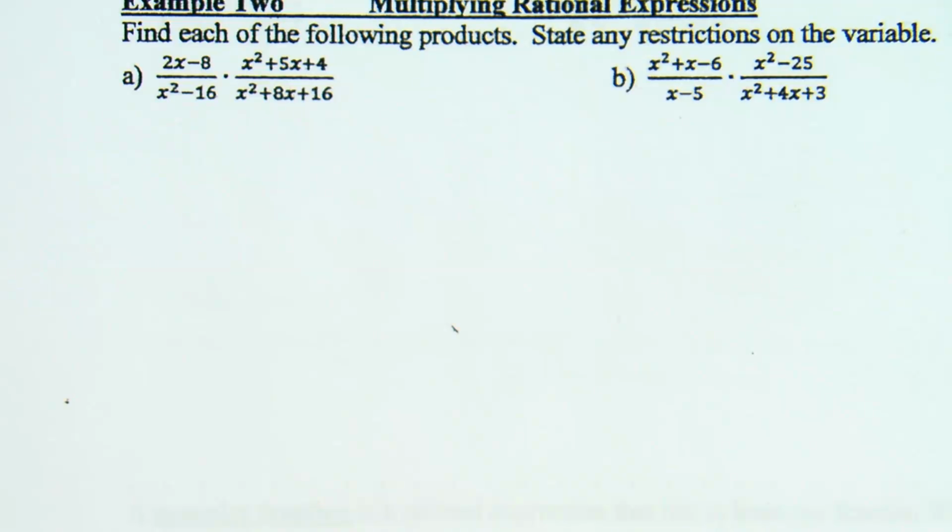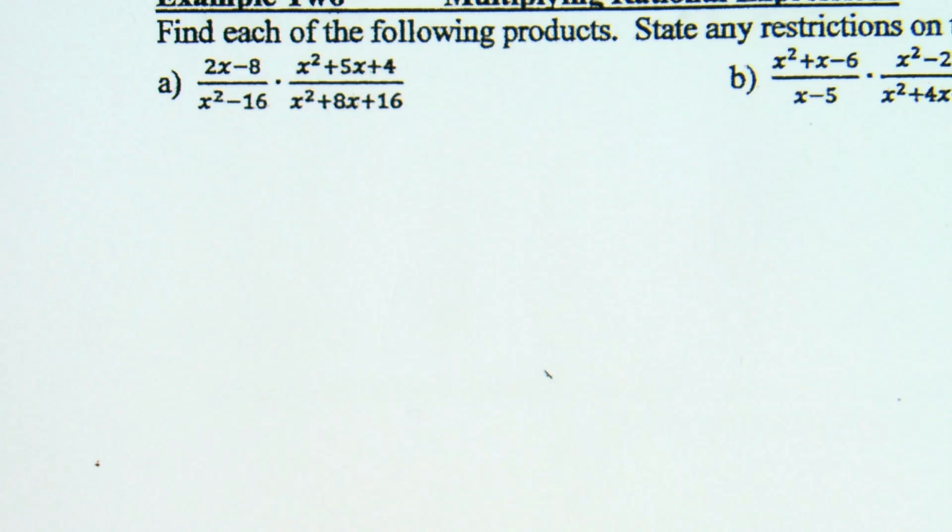Yeah. And it's just like multiplying fractions. We can cross-cancel before we multiply. So let's start with the same steps: factor and reduce. Let's do all factoring. 2x minus 8. Does it factor? Yeah. Notice there's no x squared, so it's not parentheses or anything. But there's a GCF. What do 2 and 8 have in common?